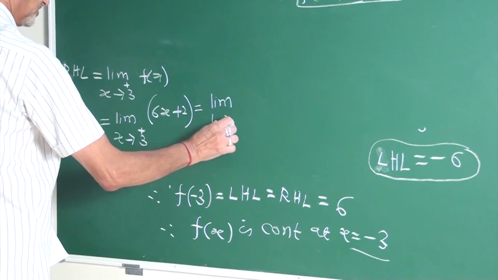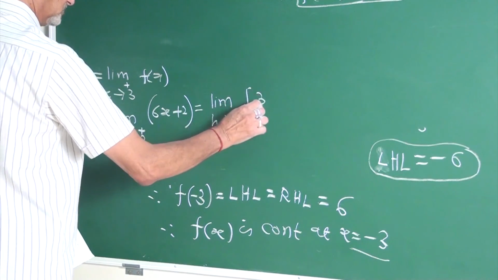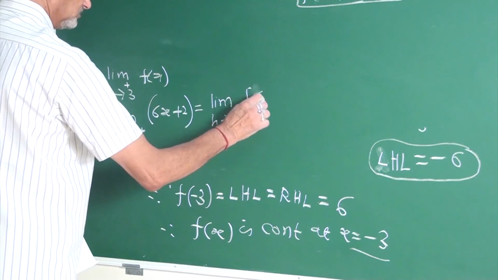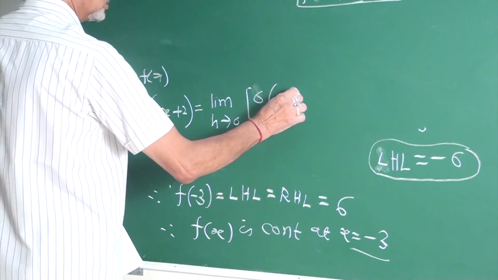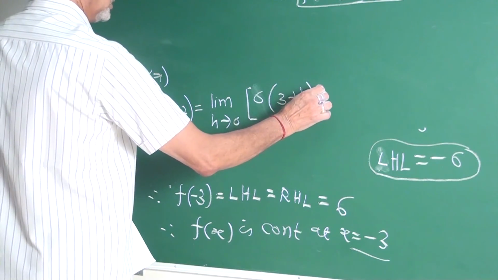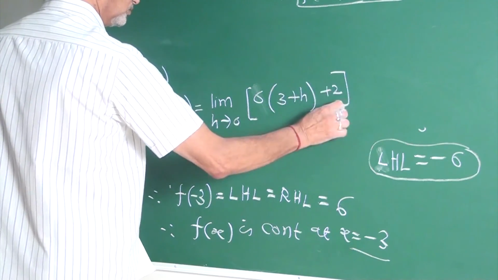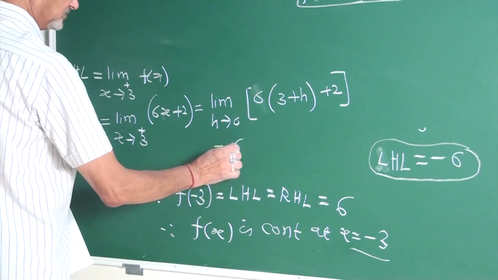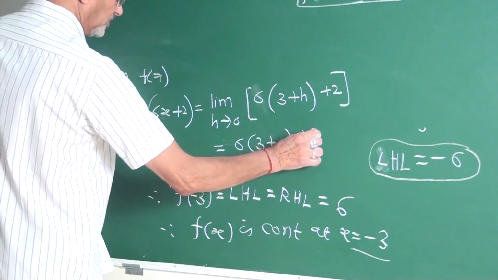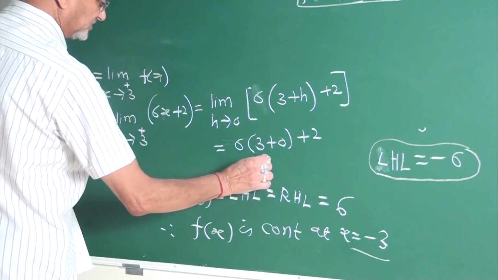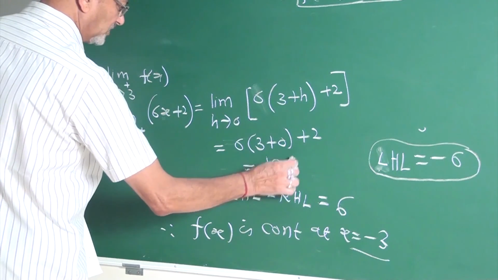Limit as h tends to 0 of 6 into, replace your x by 3 plus h, plus 2. This is 6 into 3 plus 0 plus 2, which is 18 plus 2 is 20.